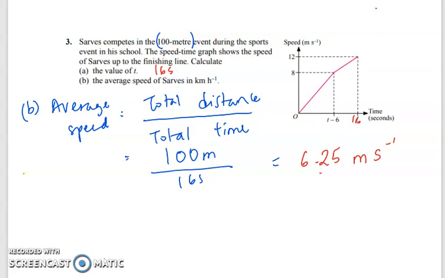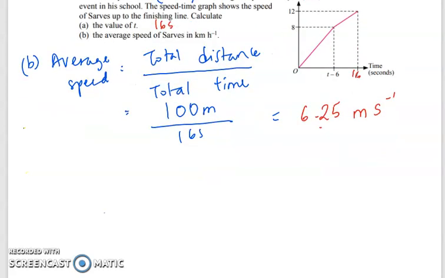Now your question here wants you to find it in kilometers per hour. So to convert meters per second to kilometers per hour, please remember the conversion factors. Kilometer to meter is times 1000, and meter to kilometer will be divide 1000.